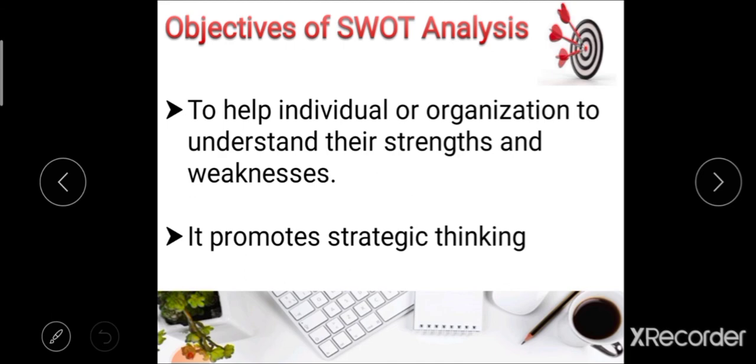After identification of weaknesses, he can use control measures for those weaknesses and develop his organization or business. The next objective is that it promotes strategic thinking. That means after analysis of strengths, weaknesses, opportunities and threats, the business organizer can think of strategic planning to promote his business.